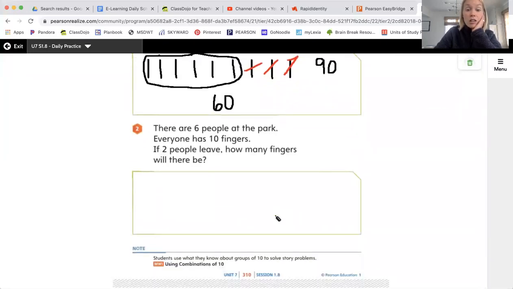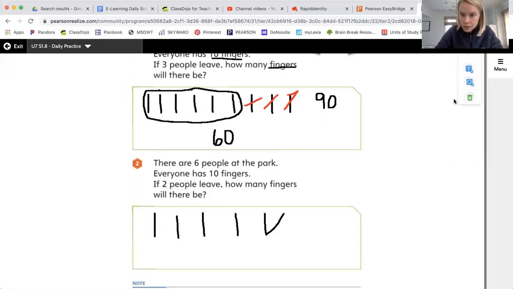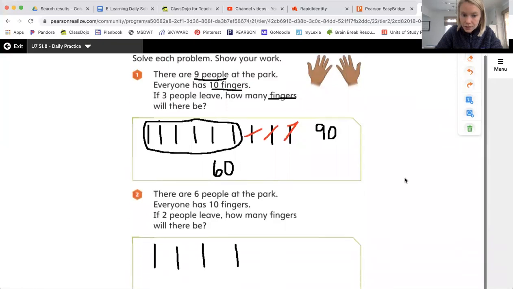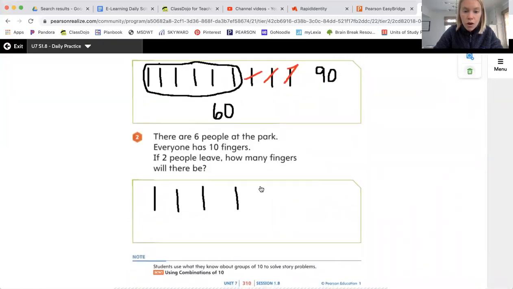All right, there are 6 people at the park. Everyone has 10 fingers. If 2 people leave, how many fingers will there be? Okay, so there's 6 people this time. 1, 2, 3, 4, 5, 6.